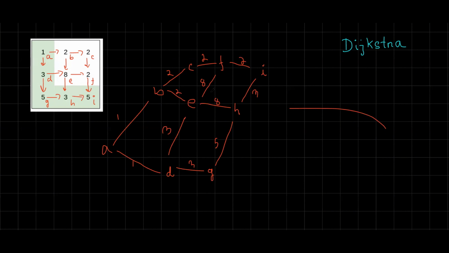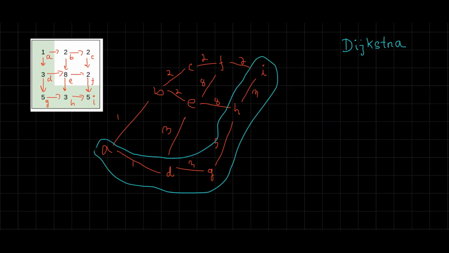Now, if you simply use the Dijkstra algorithm, you can find that this path contains the minimum effort. In this path, the values are 1, 3, 5, and 3, so the differences between the adjacent ones will be 2, 2, and 2.